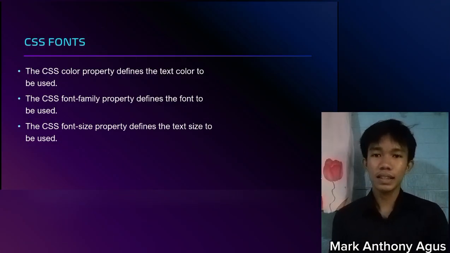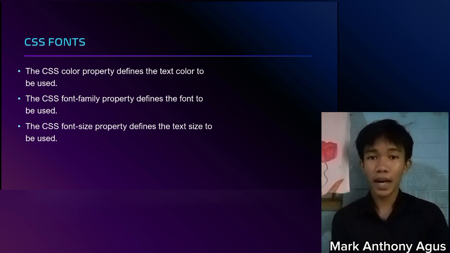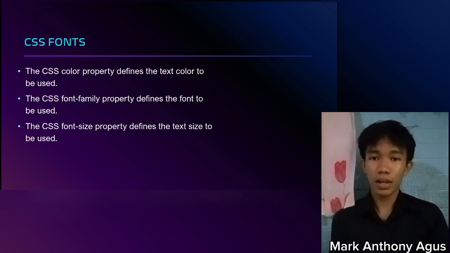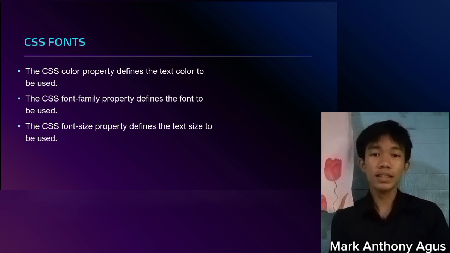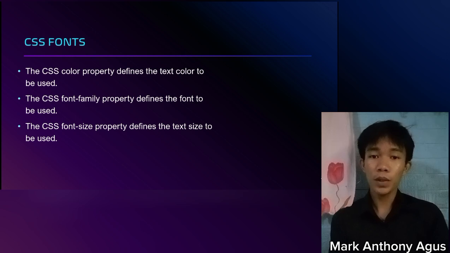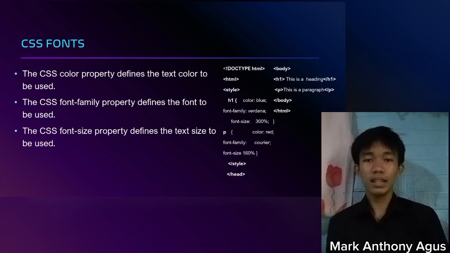CSS font. The CSS color property defines the text color to be used. The CSS font-family property defines the font to be used. The CSS font-size property defines the text size to be used. The CSS code provided defines the styling for two elements, H1 and P, in HTML.